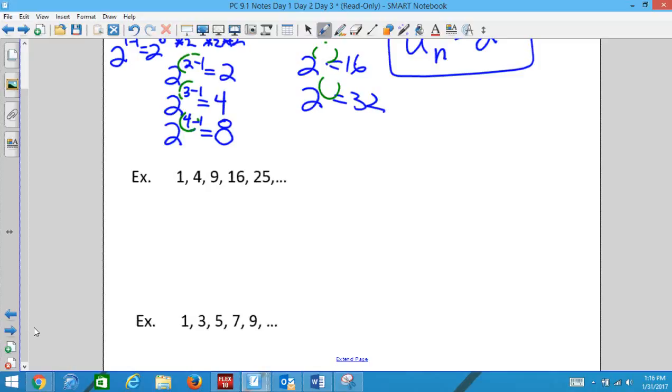Have you seen these numbers before? We need the a sub n because we're writing an equation, not just the expression.